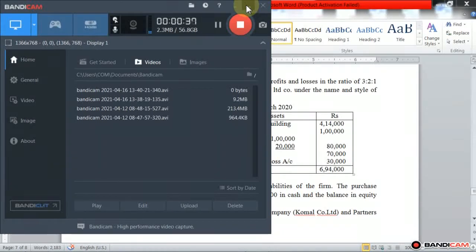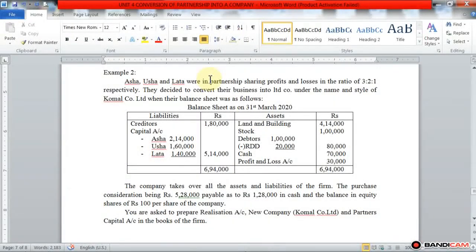As well as we studied one practical problem on preparation of realization account in the books of partnership firm. In today's lecture we are going to solve example number second.